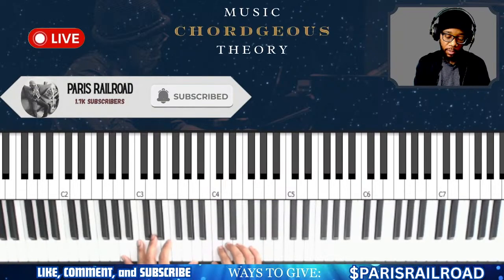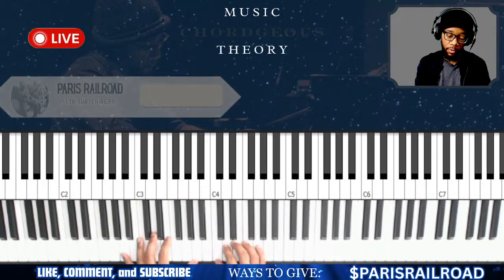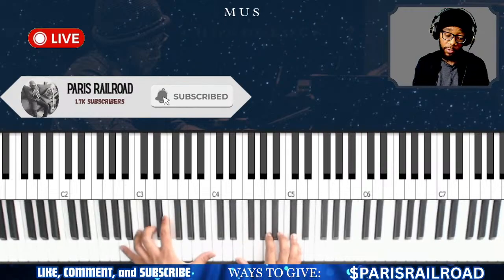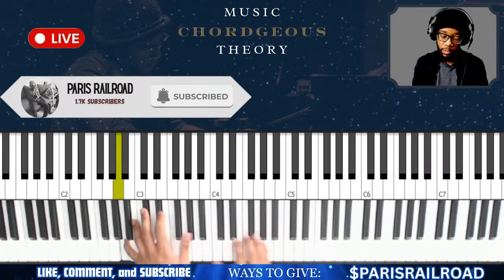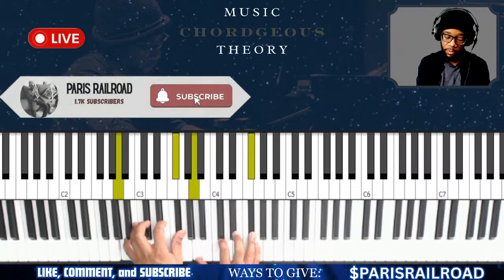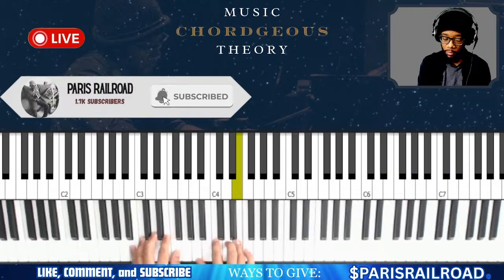And one way I look at how to get to that key or that mode, if I'm in the key of A major, you have to flatten this third to get there.